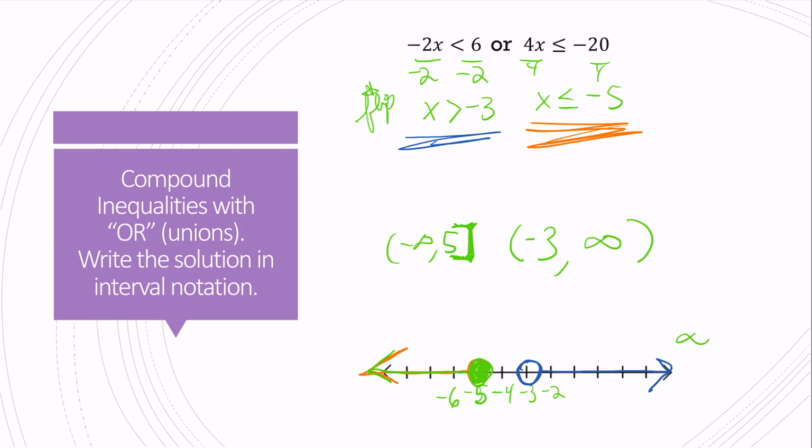That's over here. So my solution set is from negative infinity to negative 5 together with, or unioned with, negative 3 to positive infinity. So it's okay for our sets to be disjoint, not overlap. We just need to remember to use a union symbol when we write them to show that they're together.